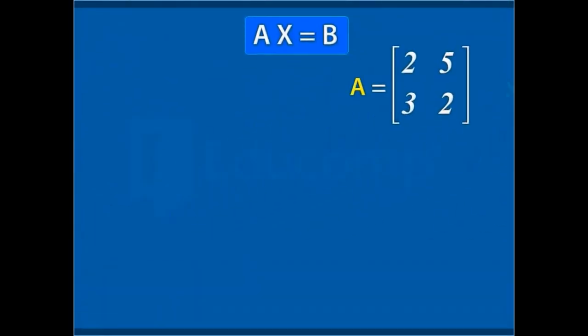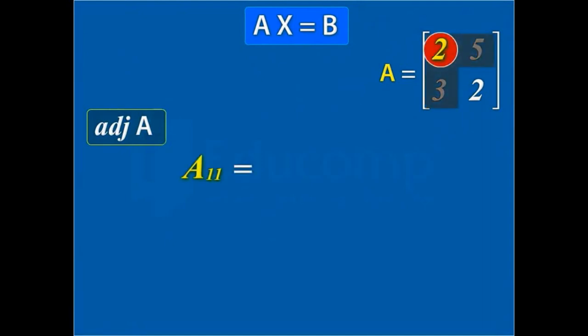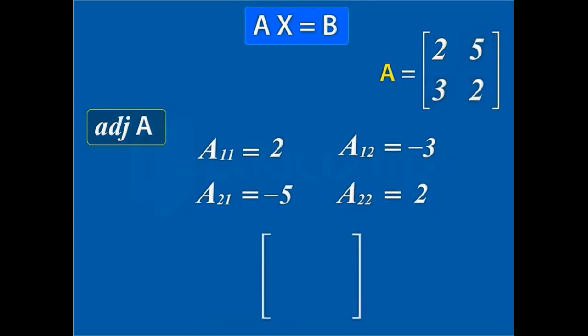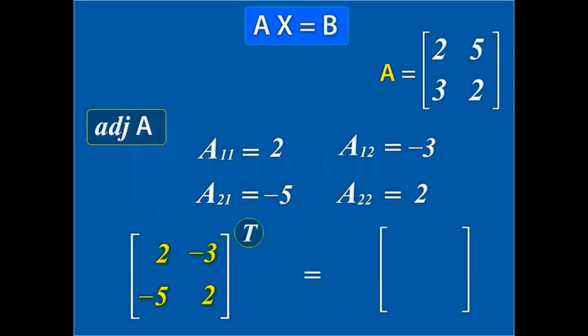We next calculate adjoint A. Adjoint A is a matrix, the elements of which are 2, minus 5, minus 3 and 2.